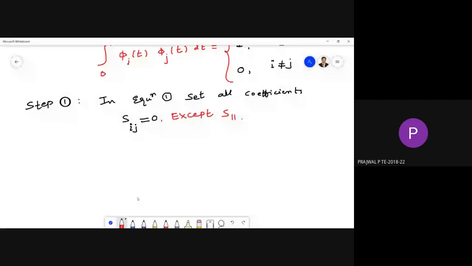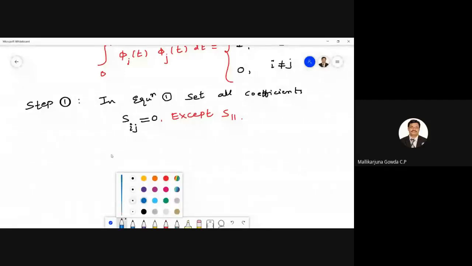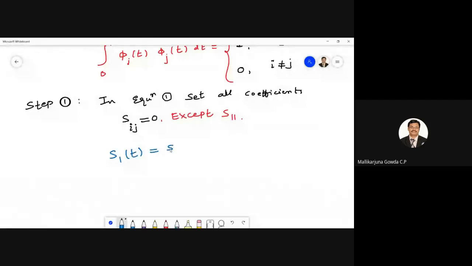By setting phi 1 of t, I can write S1 of t equal to S11 phi 1 of t. Hope everybody agrees with this. I am setting all the coefficients Sij equal to 0 except S11.